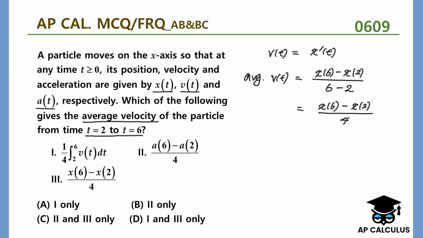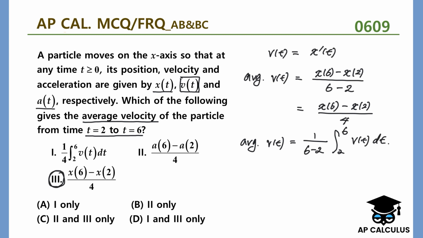That's our average velocity from the time t equals 2 to t equals 6, right? Also, we can use the definite integral. When we use velocity, the average velocity can be written as 1 over b minus a, in this case 6 minus 2, times the definite integral from 2 to 6 of v of t dt.